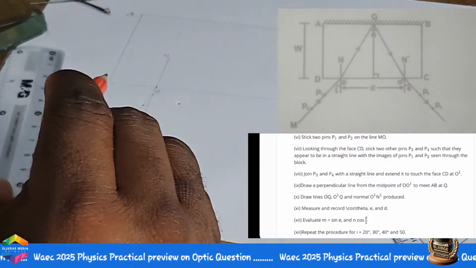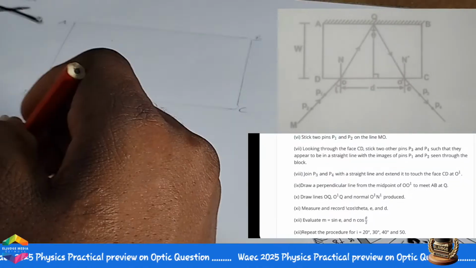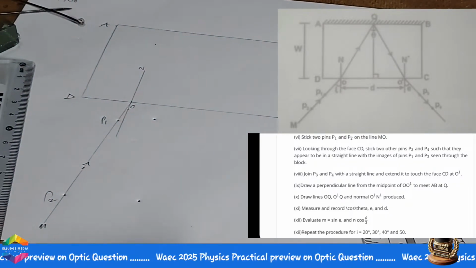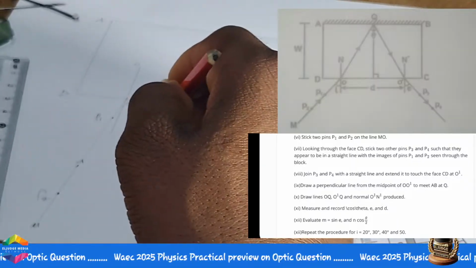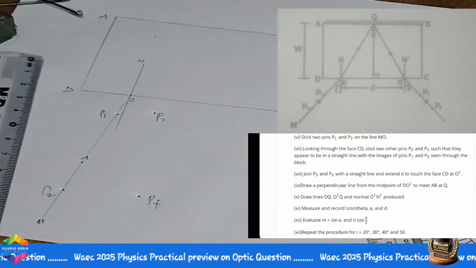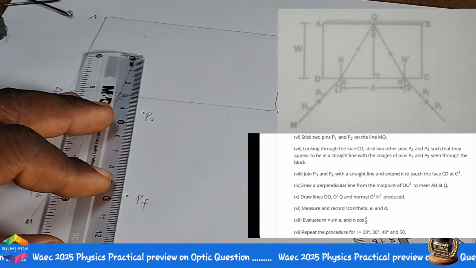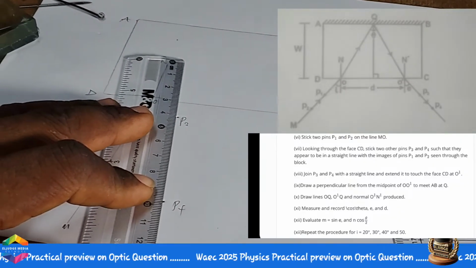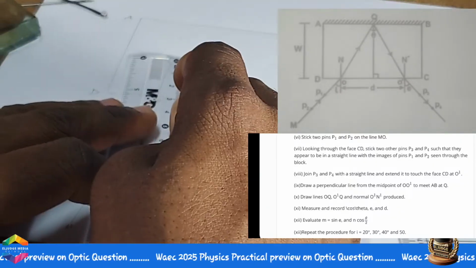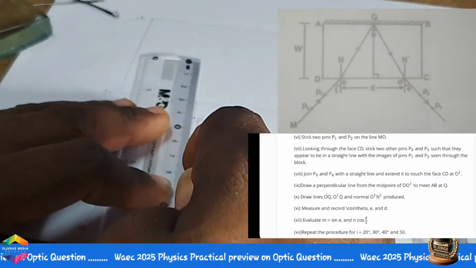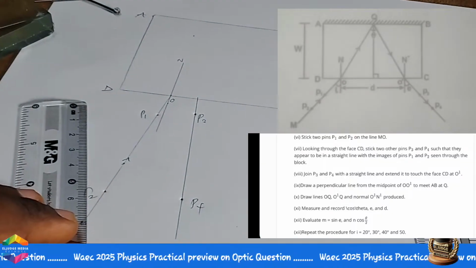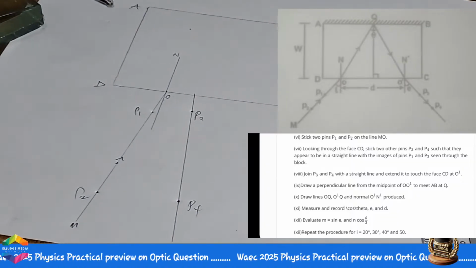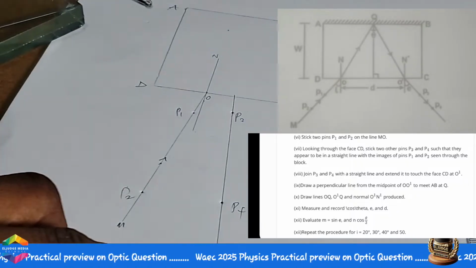This is P1 according to the diagram. We have P2 here, P1 here, P3 here, and P4 here. Make sure that the marks of the pins are showing in your diagram. So this is the emergent ray.